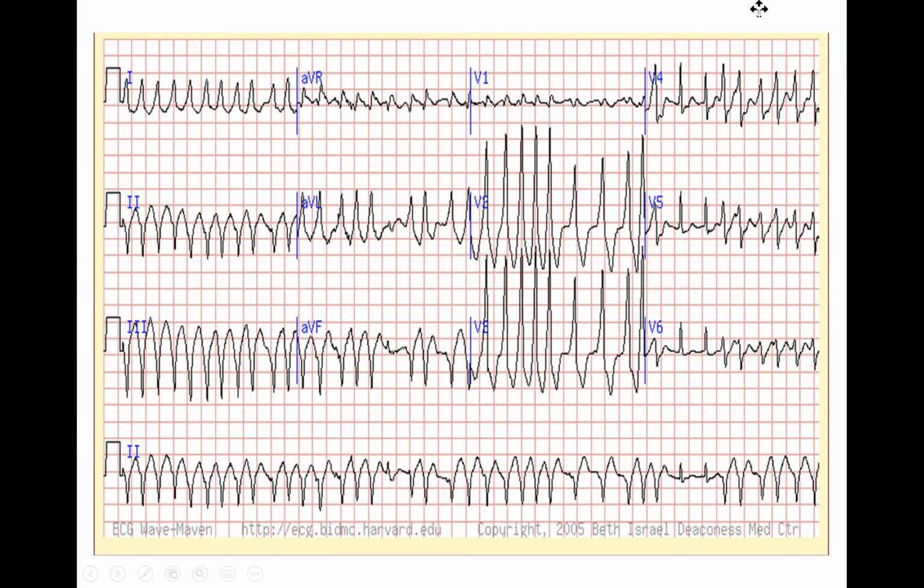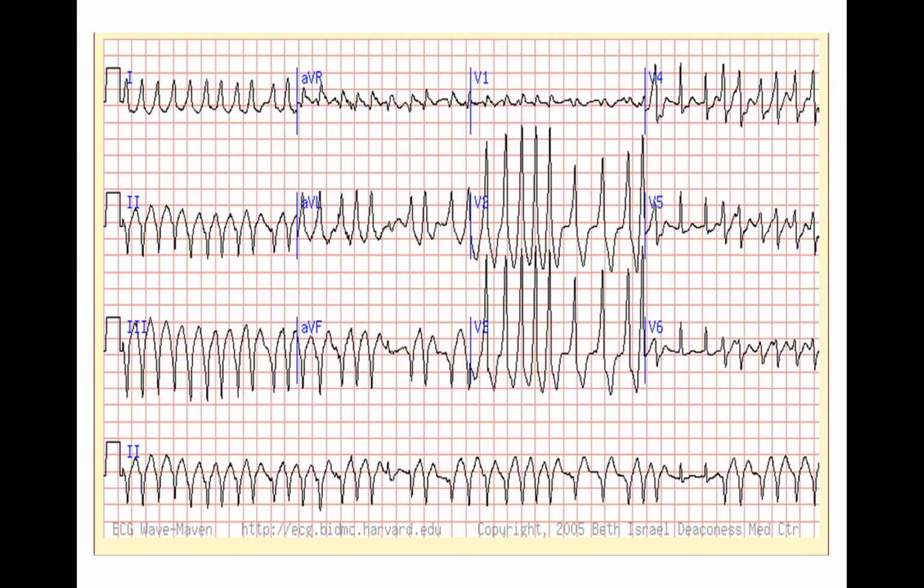Okay, so this 12-lead ECG showing wide complex tachycardia. It looks regular, wide complex tachycardia. I think regular, and the axis is left axis deviation.